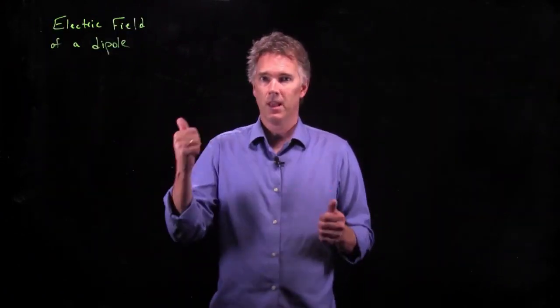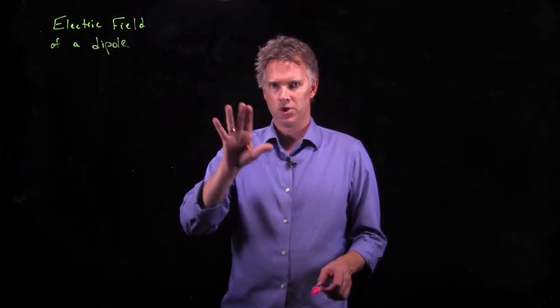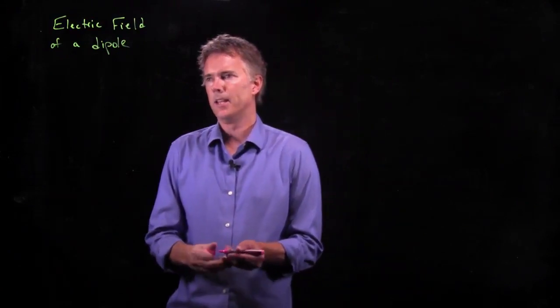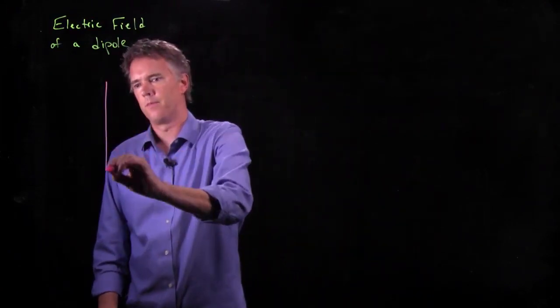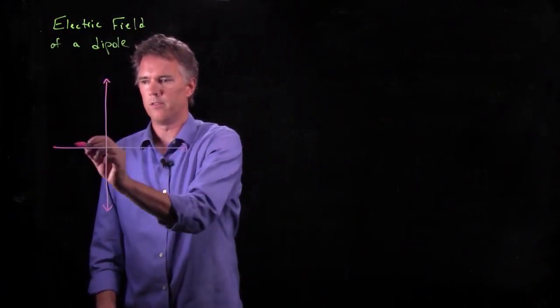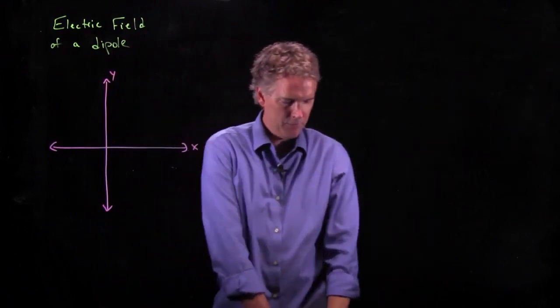But let's talk about the electric field of a dipole, and let's see if we can figure out what it is in general. Before we looked at what it is on the y-axis or the x-axis, but let's say we want to look at it in general. So here's my coordinate system, x and y. And let's draw our dipole.